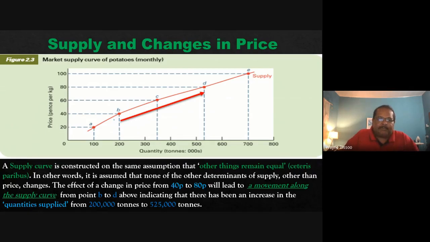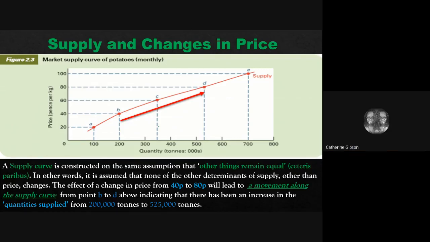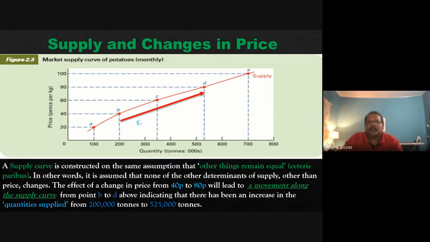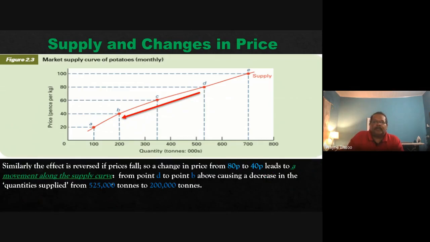From B, if prices go up from B to D, what is this one called? If we go from B to D along this arrow here. An extension, correct. An extension in quantities supplied. A movement along the supply curve is caused by that. The opposite, from D to B, is the same thing.